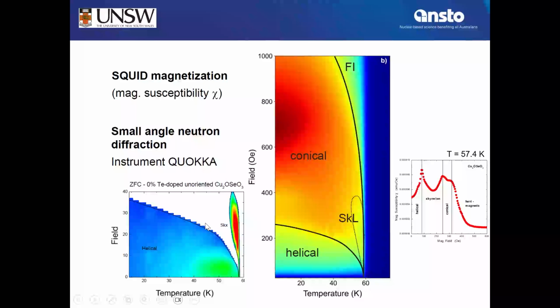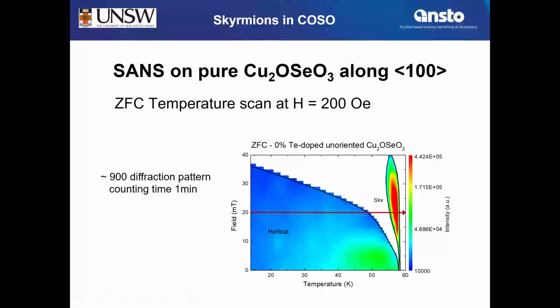Neutrons, direct technique. And now kind of like a video, raw data measured at 20 millitesla right through the helical and skyrmion phase. So what you will see is 4 Bragg peaks and higher orders for the helical structure, 4 because we have 2 helical twins, 90° in that case.